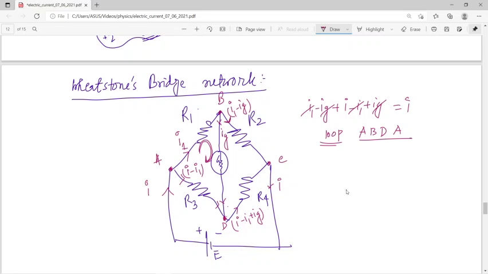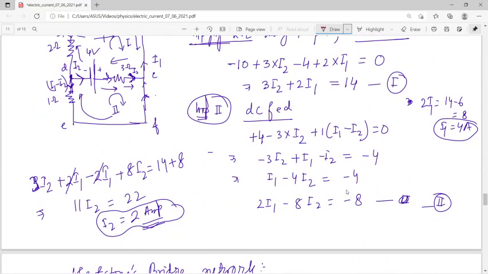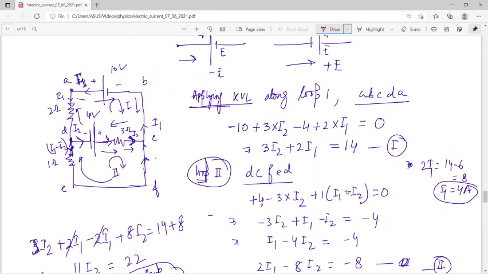Now if we consider that particular direction, I am saying that you can take either way. In the previous case, when we are moving in the direction of the current, we take it as a negative, I think.